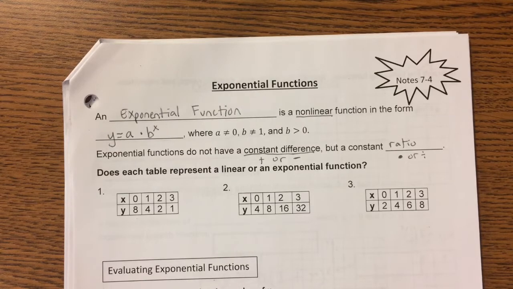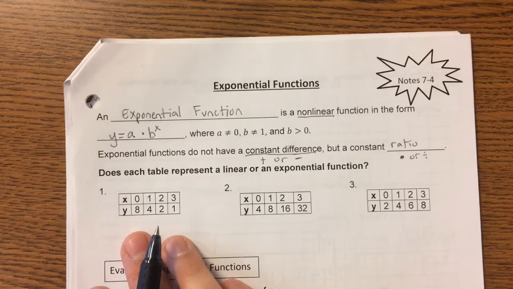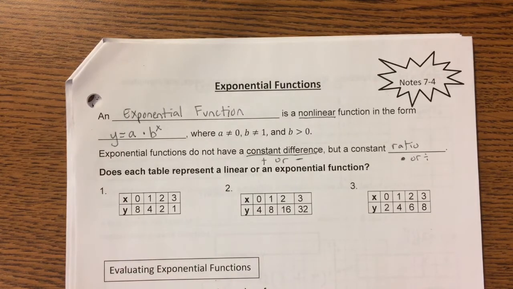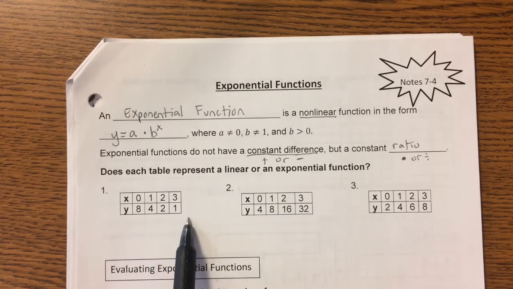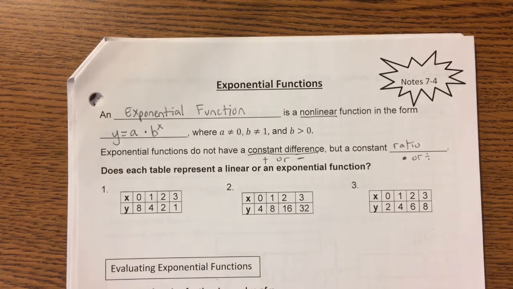One of the types of questions that I'm going to be asking you is, if you look at a table, tell me, is this exponential or is it linear? The way that you'll be able to tell is based on how the y value is changing. If you're adding some constant amount every time, or subtracting, if there's a constant difference, we say it's linear.